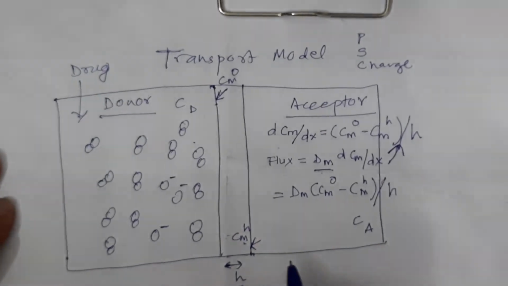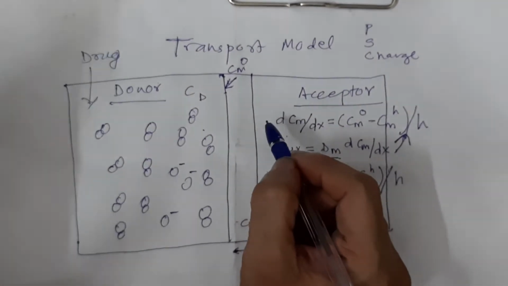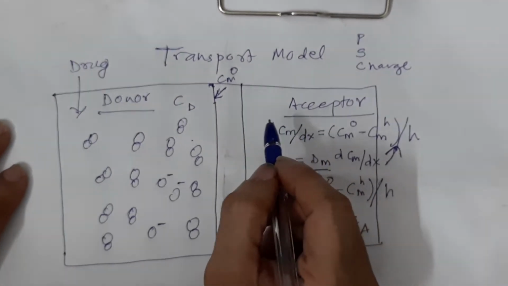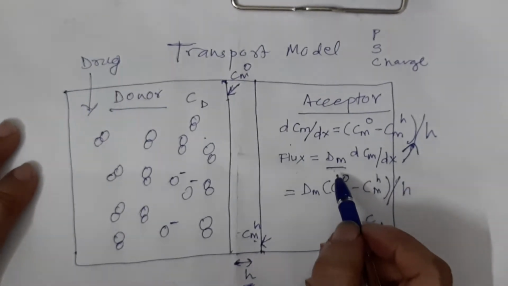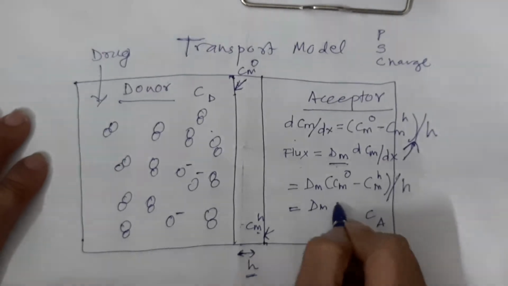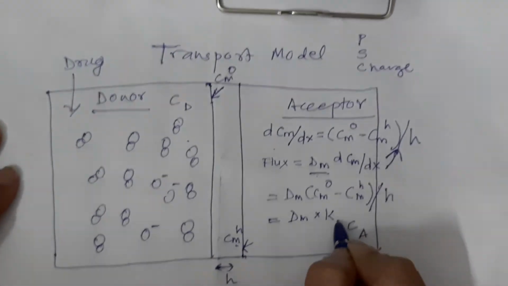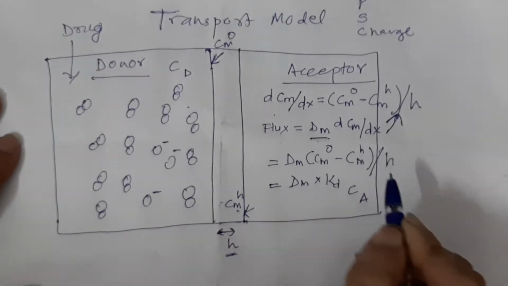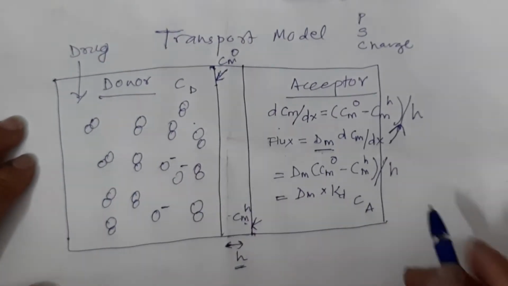Now the total transport of the drug is also governed by the charge, so it is given by the diffusivity multiplied by the partition coefficient, because this partitioning depends upon the ionization as well as the solubility properties of the drug.